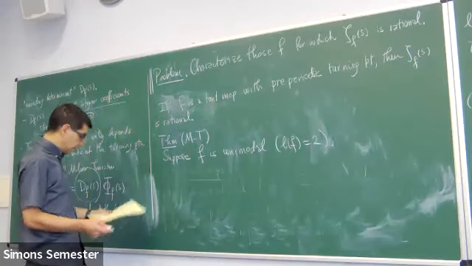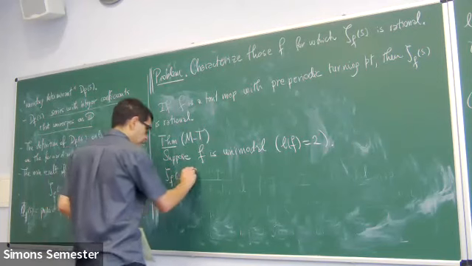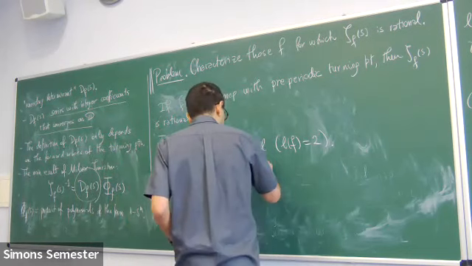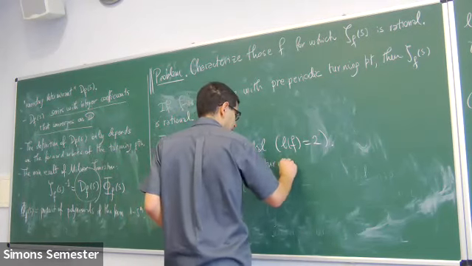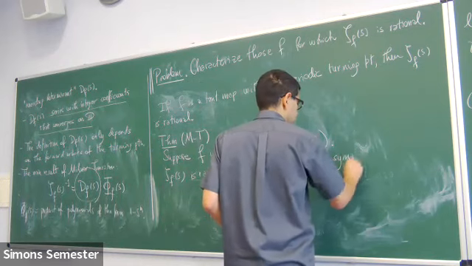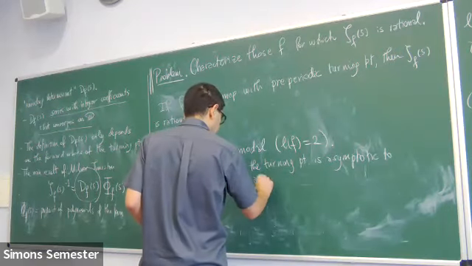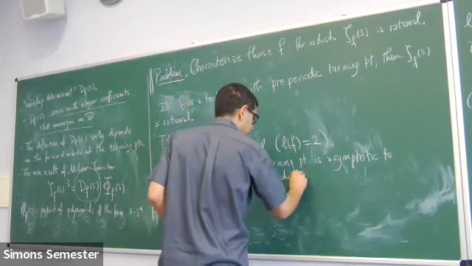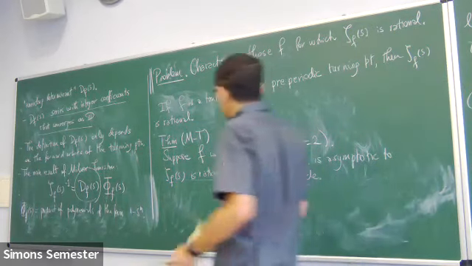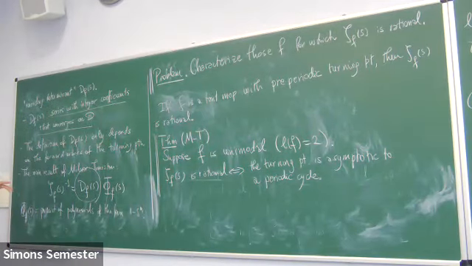So the theorem says that the Artin-Mazur zeta function is rational if and only if the turning point is asymptotic to a periodic cycle. Okay, so the plan is that I want to do this.